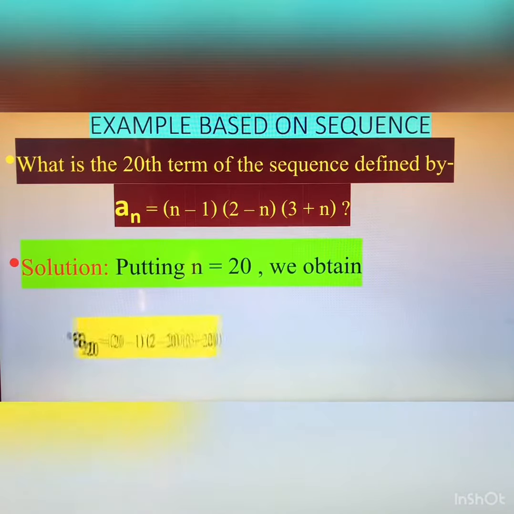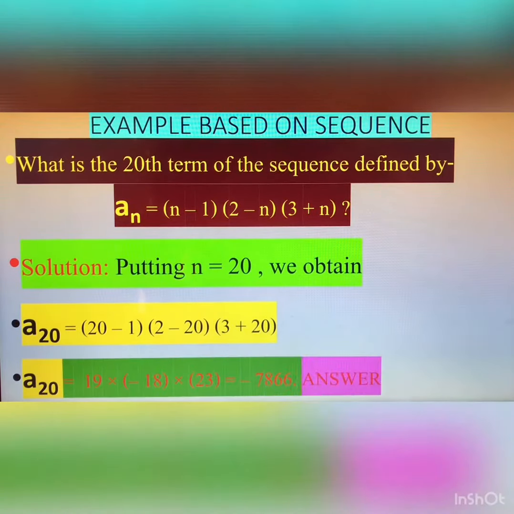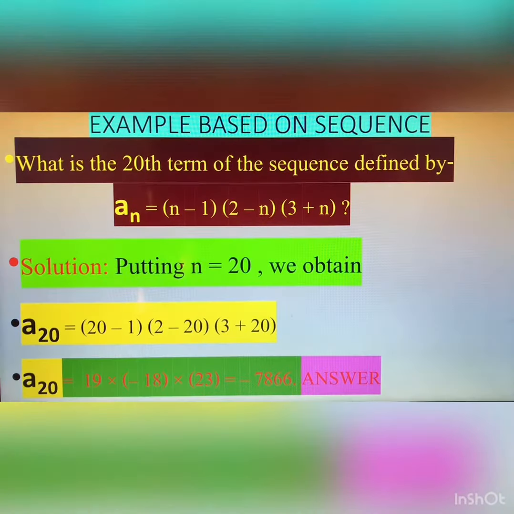We get the 20th term as (20 - 1)(2 - 20)(3 + 20), that is 19 into minus 18 into 23, that is minus 7866. So this is the 20th term.